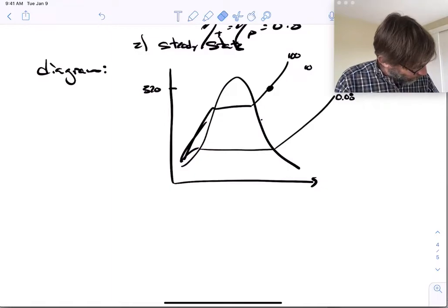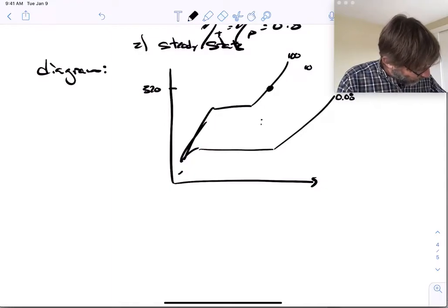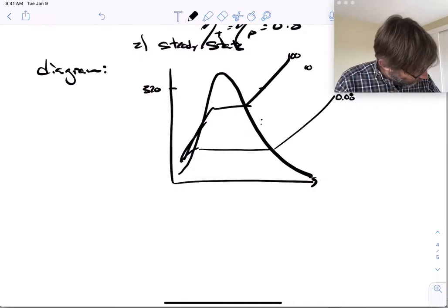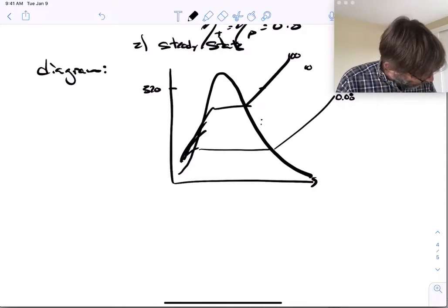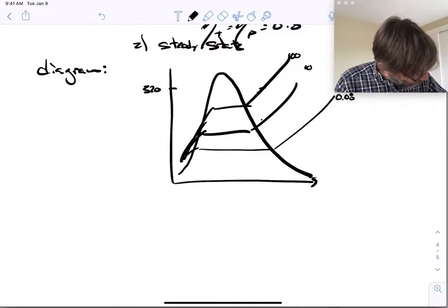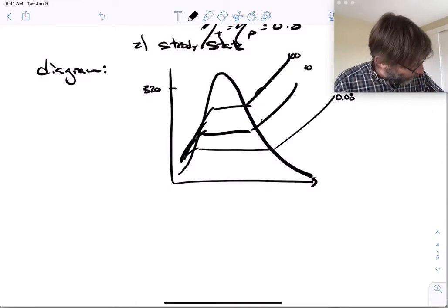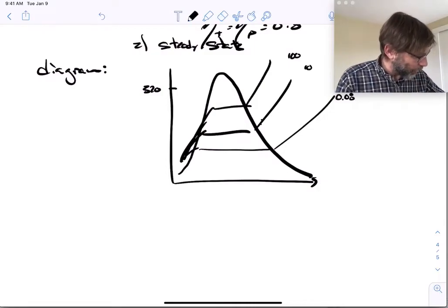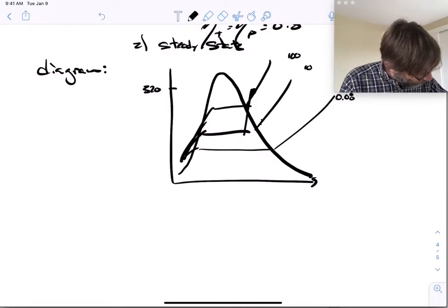I'm going to make a new diagram here. I need this to drop into the dome straight.